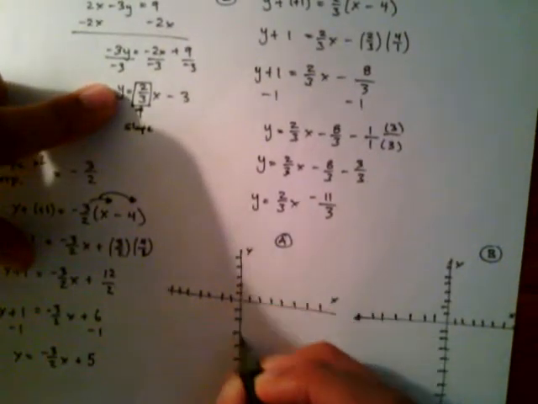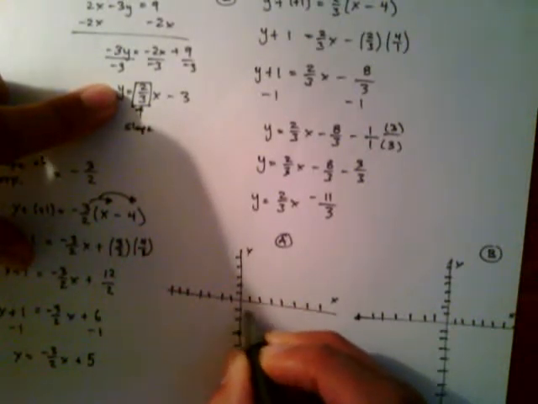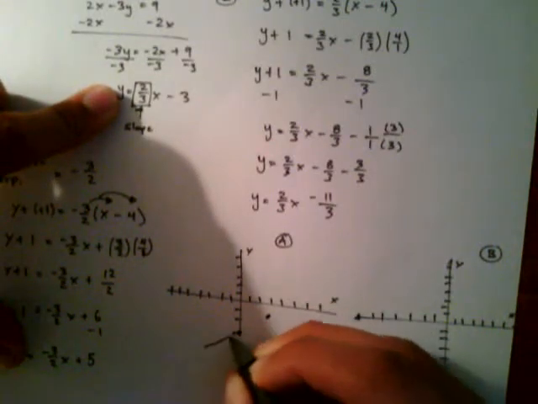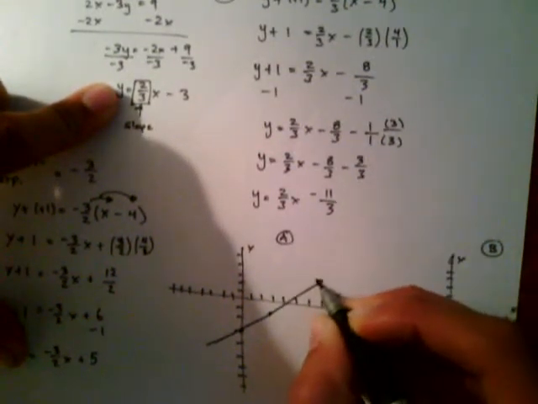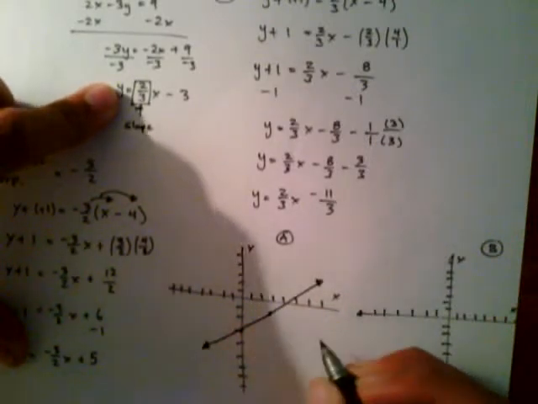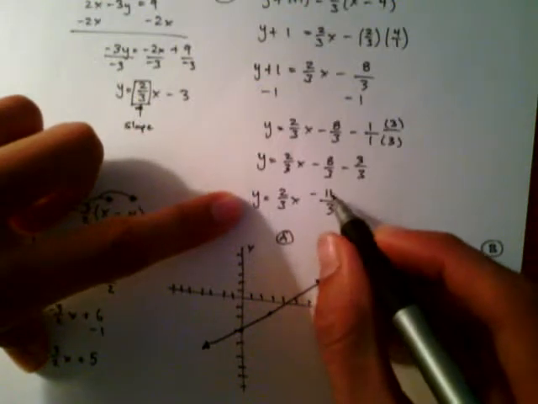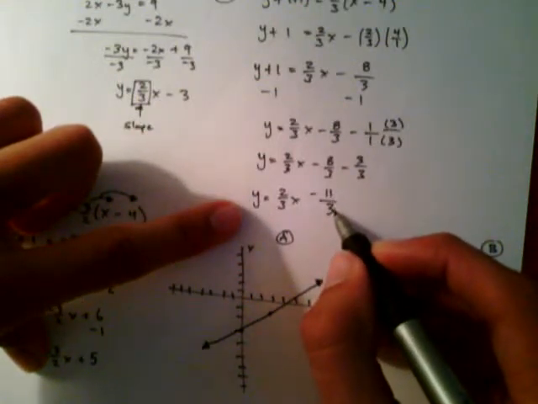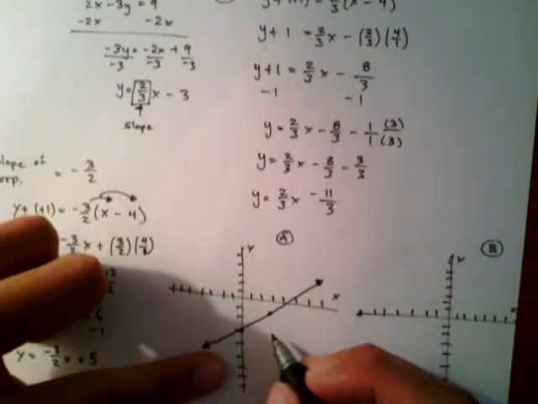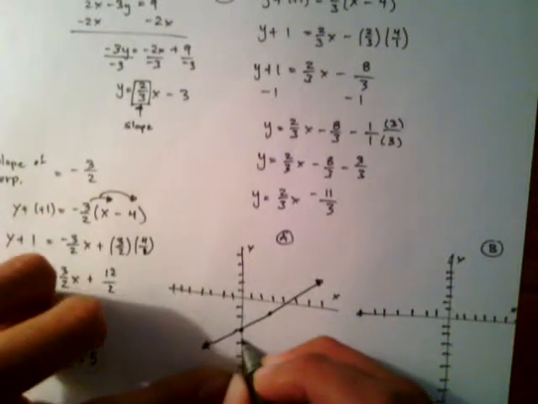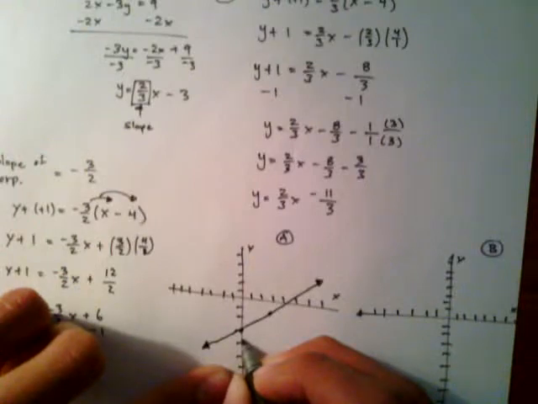Alright, we'll begin with plotting our first line. So -3, then we'll apply slope 2, up 2, and then over 3. So we'll get a line that looks just like this. Now, the line that's supposed to be parallel to that, we'll find the y-intercept, which is -11/3, and that's roughly -3 2/3. So that's right about here.